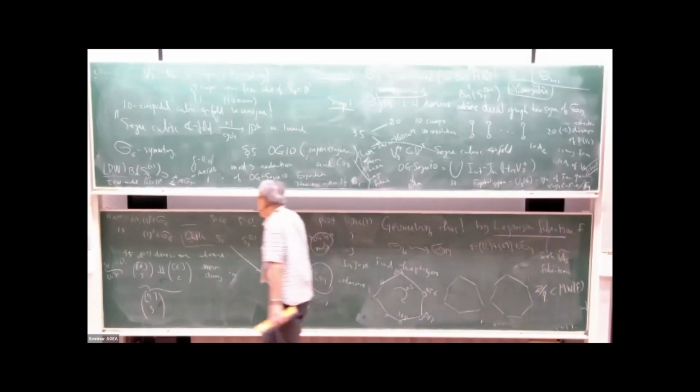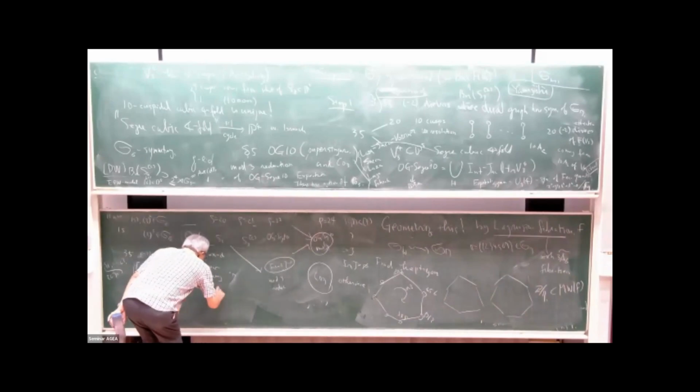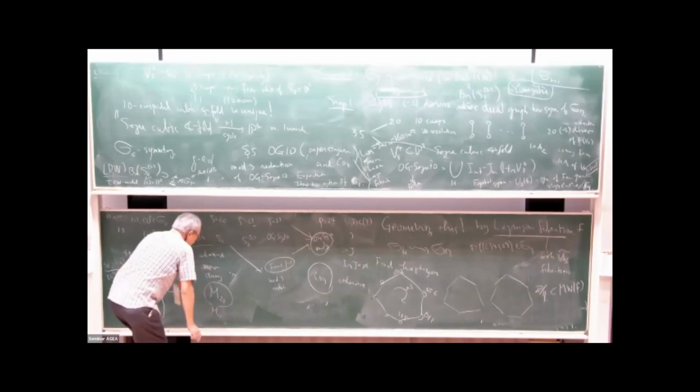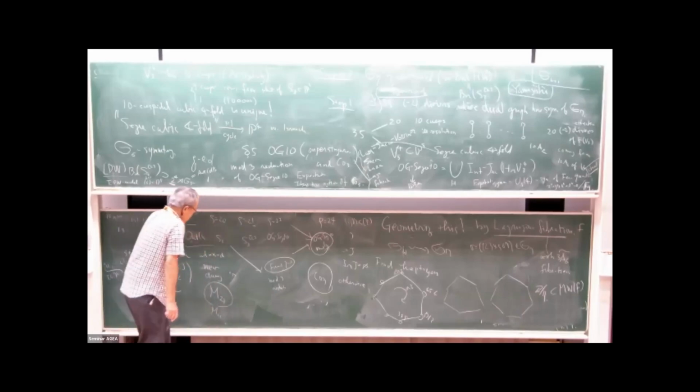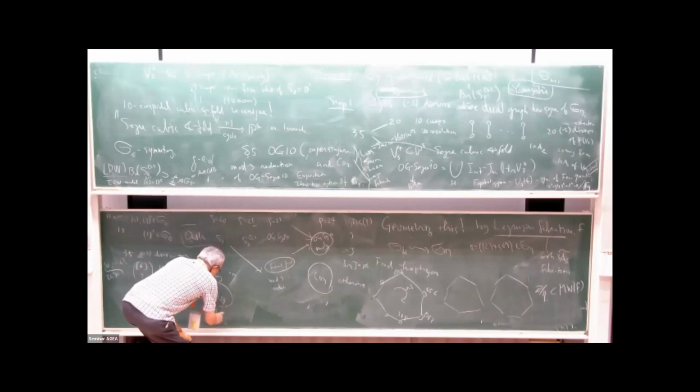So for the K3 level, the automorphism group is inside M12, M21 or M22. Yeah. No, I'm sorry, 23 or 24.